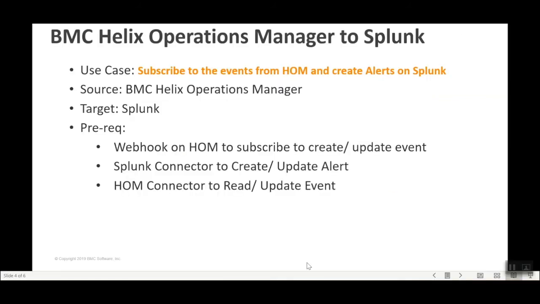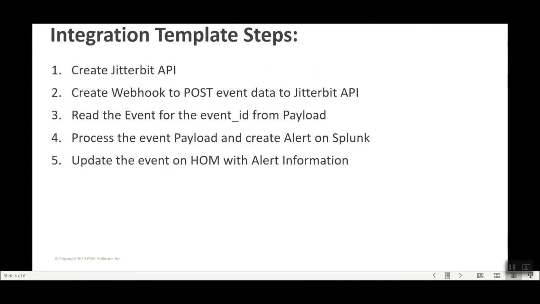Now we have gathered all the required information for creating this integration template. Let's jump on to the steps required for creating this integration template. First of all, we need to create a Jitterbit API for posting the events from the webhook.